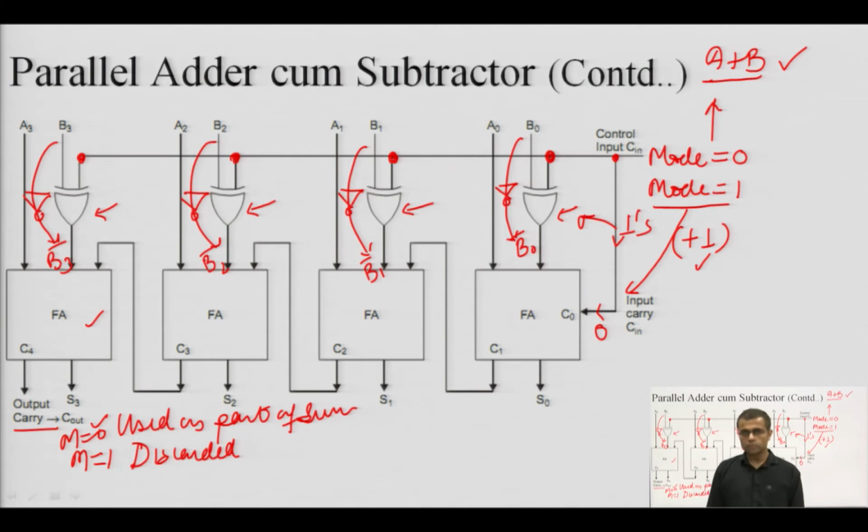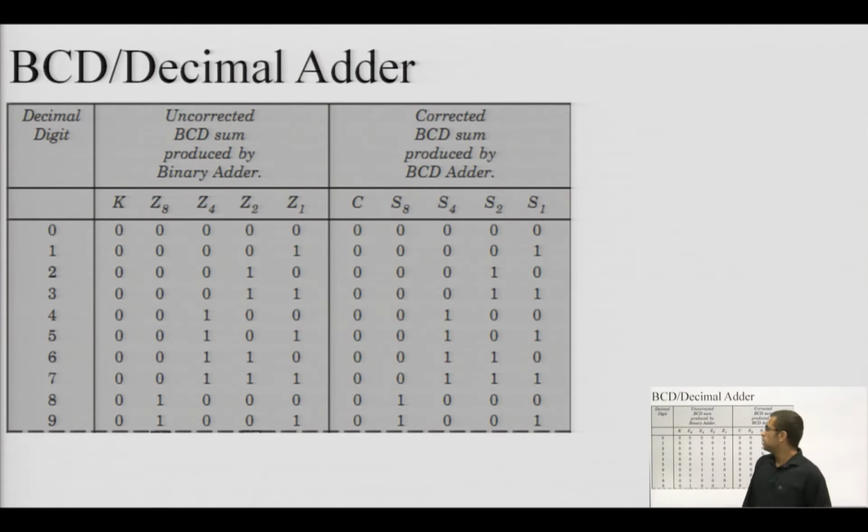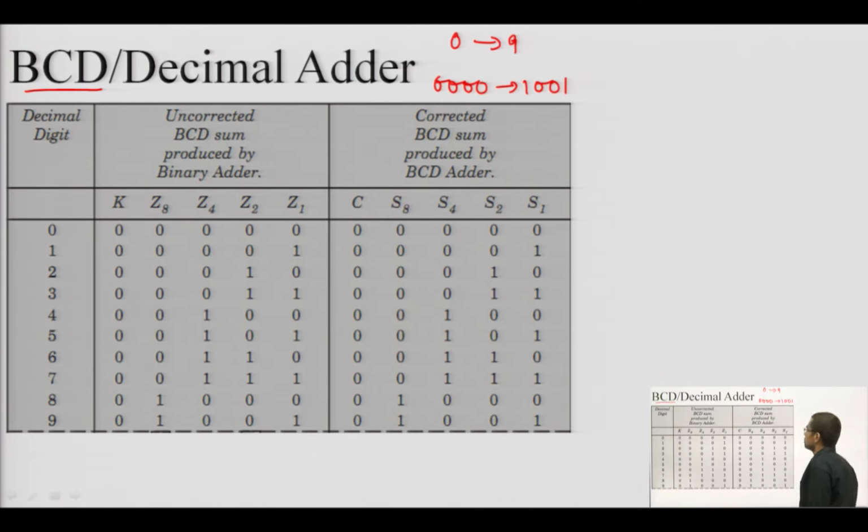Okay. Now, let us proceed to another special adder, which is our BCD or decimal adder. For that, first we have to remind ourselves that BCD is binary coded decimal, and it is actually a 4-bit representation of a decimal number. Decimal numbers are 0 to 9, so the BCD numbers can be 0000 to 1001.